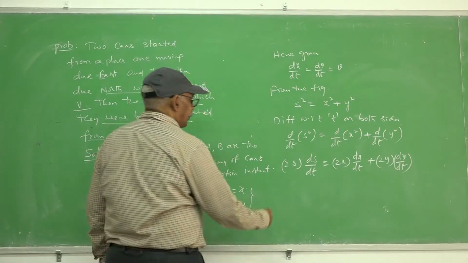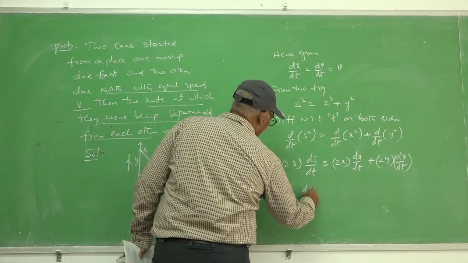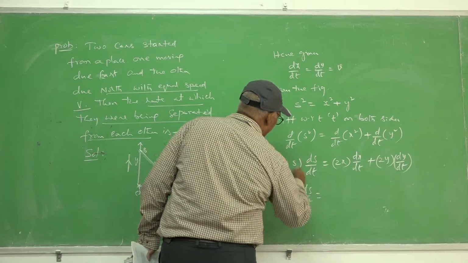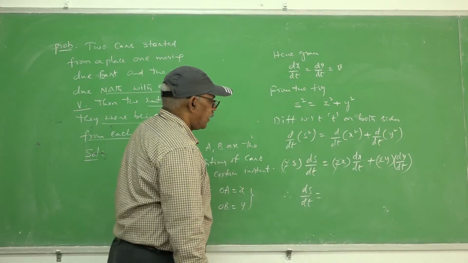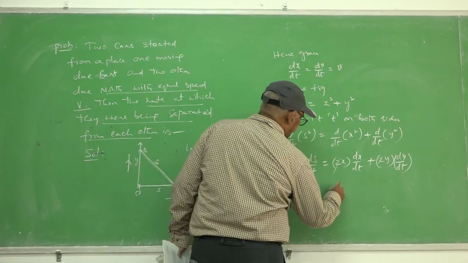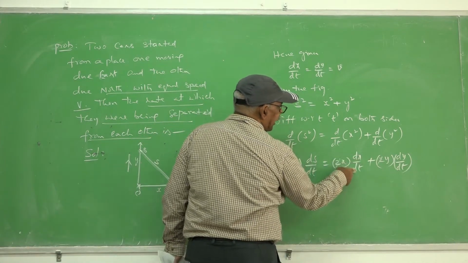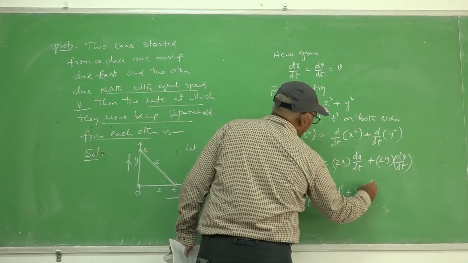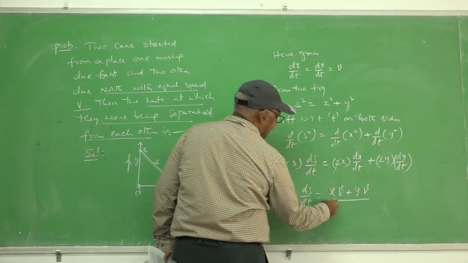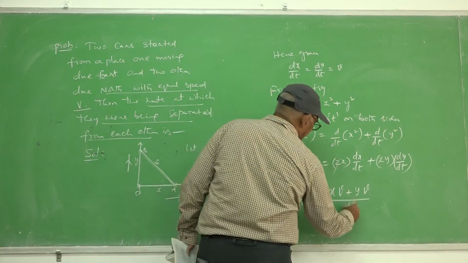So therefore ds by dt equals, you can remove 2 throughout the relation, x into dx by dt is v, y into dy by dt is also v, by s.